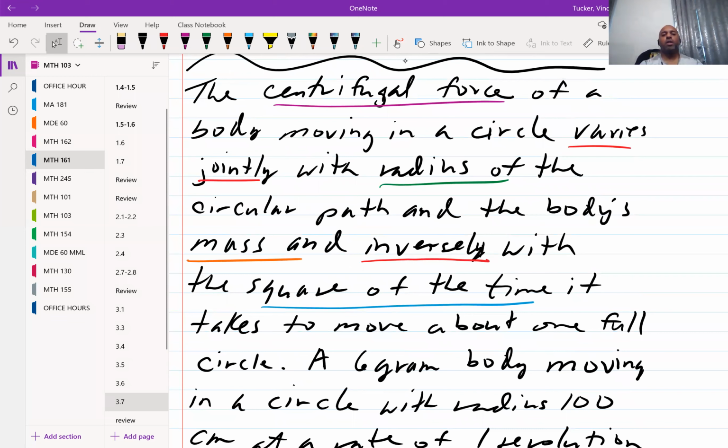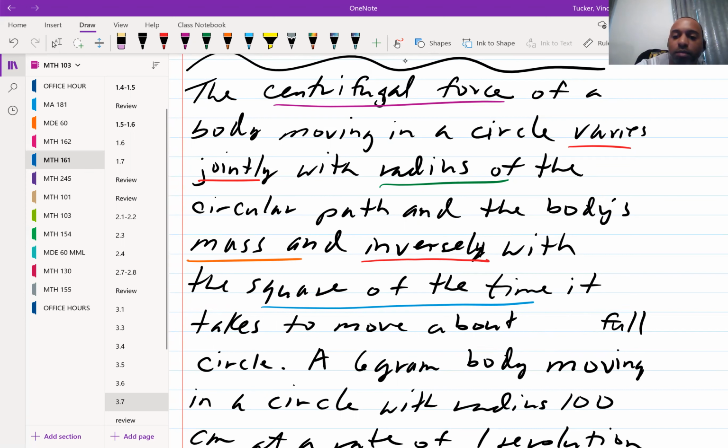All right. So the centrifugal force of a body moving in a circle varies jointly with the radius of the circular path and the body's mass, and inversely with the square of the time it takes to move one full circle.